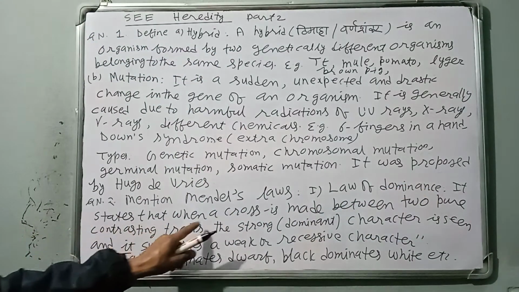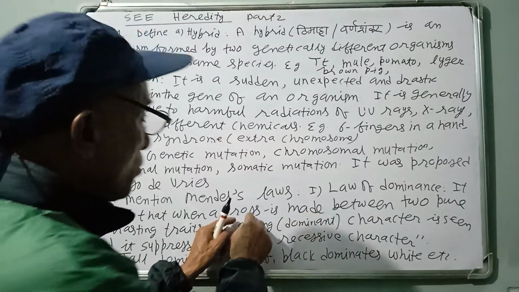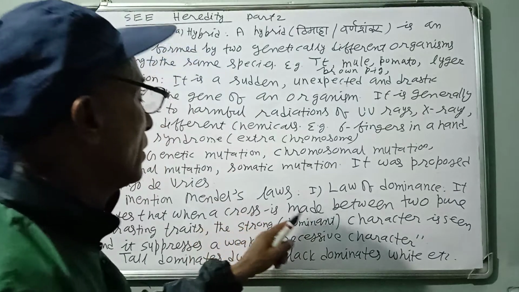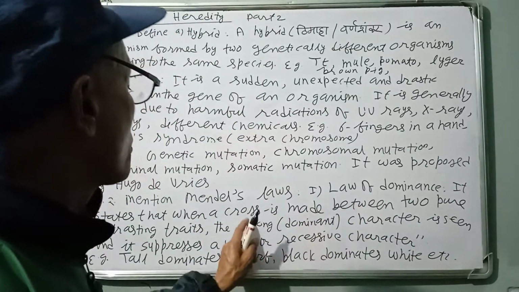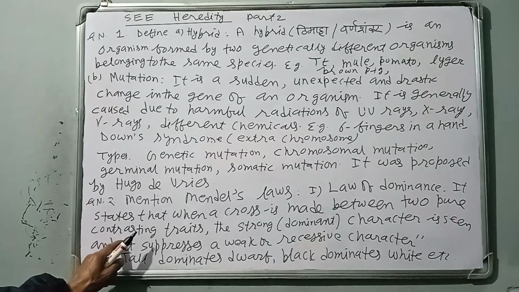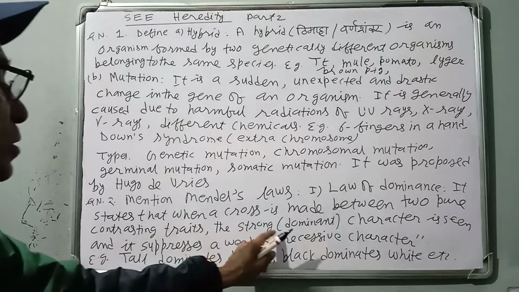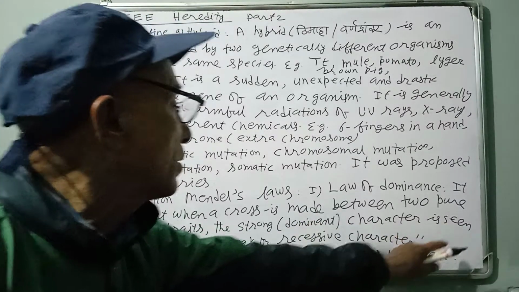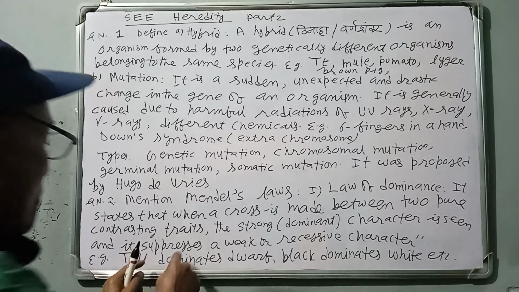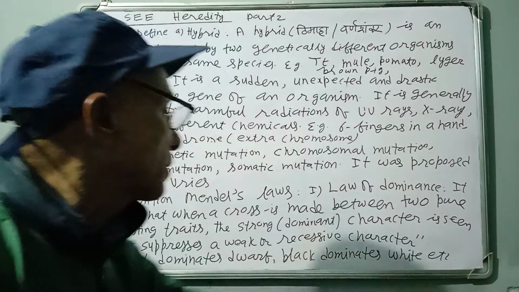It states that when a cross or cross pollination is made, cross pollination in plants, but cross can be made between two animals or two plants. When a cross is made between two pure contrasting traits or different characters, the strong or dominant character is seen in the first filial generation, and it suppresses, which dominates, a weak or recessive character.